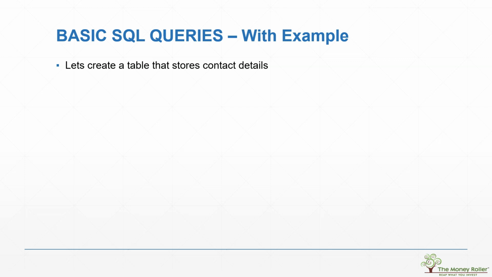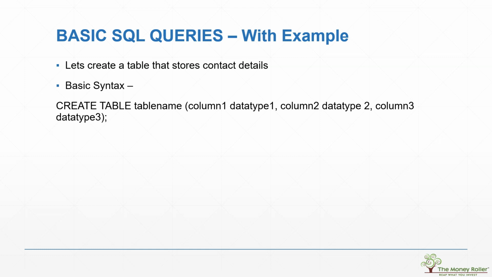You want to first create a table that stores the name, phone number, email ID, and location of a person. So first you have to create that table. The basic syntax for creating a table is create table name, then column 1 data type 1, column 2 data type 2, column 3 data type 3. What does this mean? Let's see that with an example.